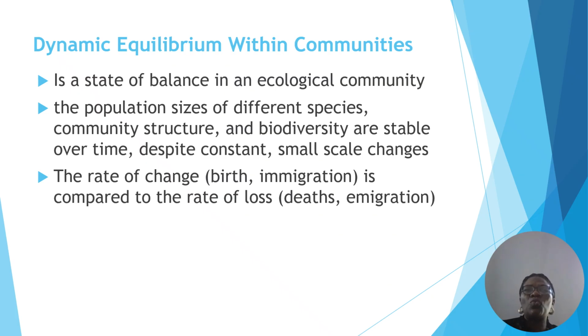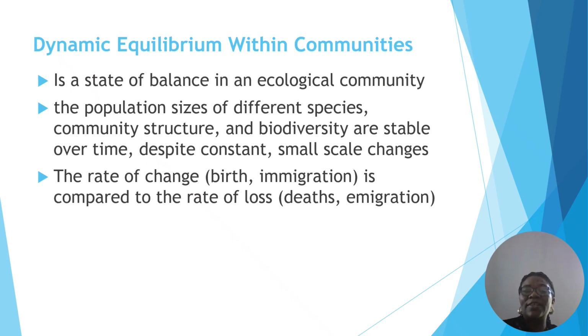Now, the other one that we looked at was within population. But when we talk about community, a community is where you have different populations within an environment. So the dynamic equilibrium within communities is a state or a time that we have a balance in an ecological community.